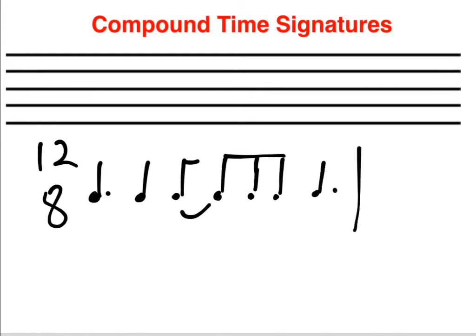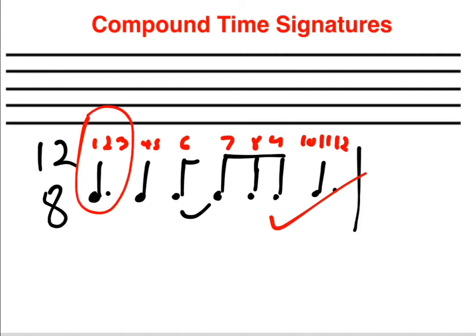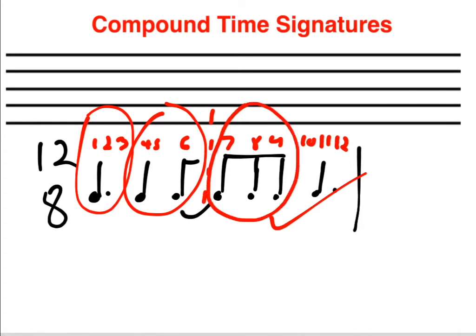So that's completely fine. There's your 1, 2, 3, 4, 5, 6, 7, 8, 9, 10, 11, 12. So they're all grouped according to their dotted crotchet beats. 1, 2, 3, 4, 5, 6. The imaginary bar doesn't have anything beamed across. 7, 8, 9, 10, 11, 12. So that's completely fine.